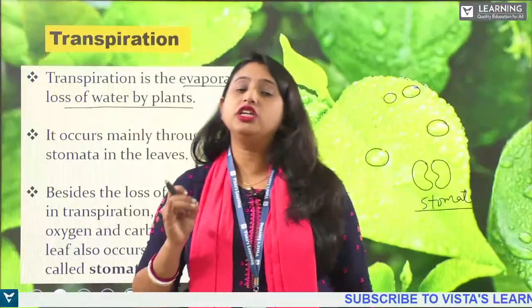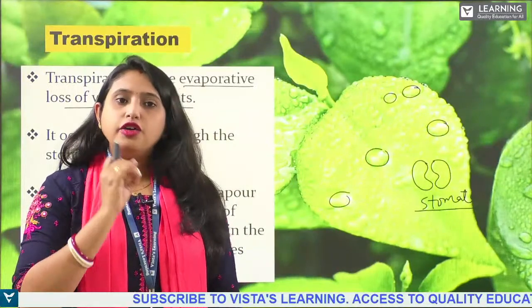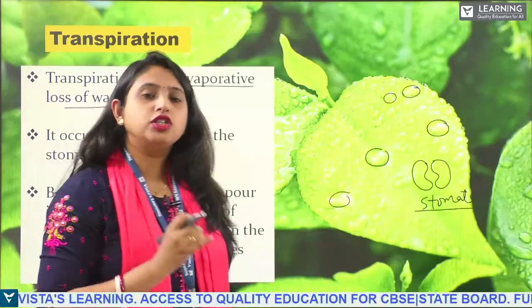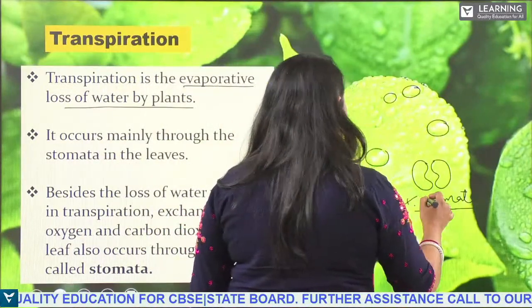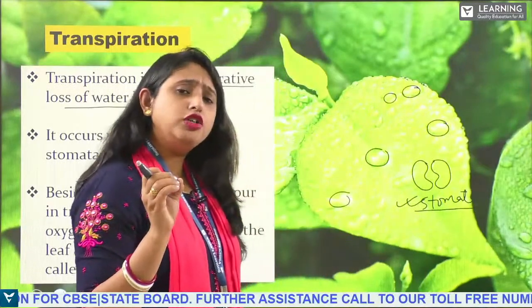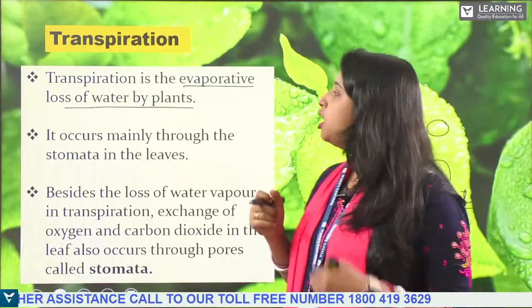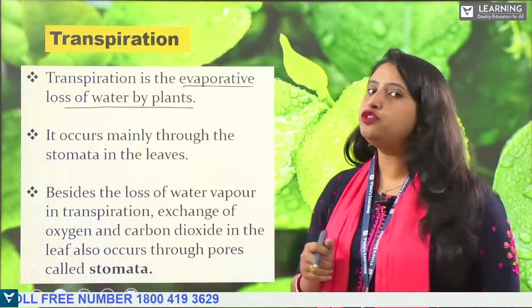Respiration in plants takes place with the help of stomata. Another function of stomata is transpiration. Transpiration also takes place with the help of stomata. Stomata is responsible for the process of transpiration, that is, loss of water also takes place because of stomata. It is another function of stomata.